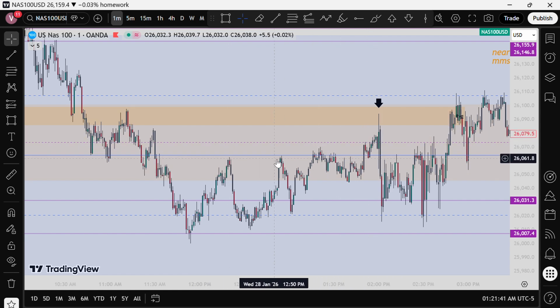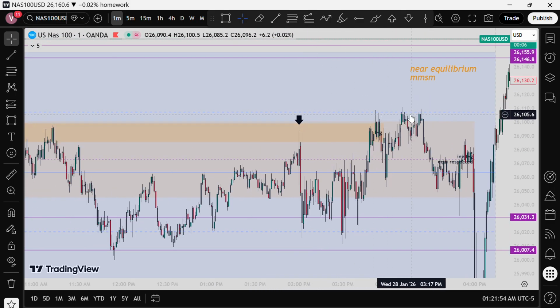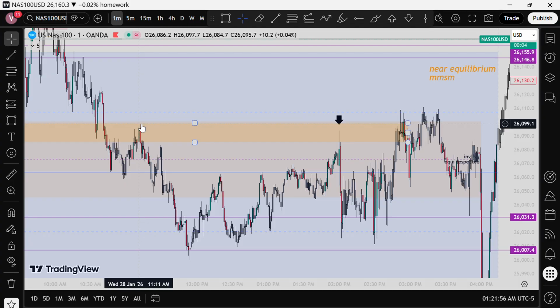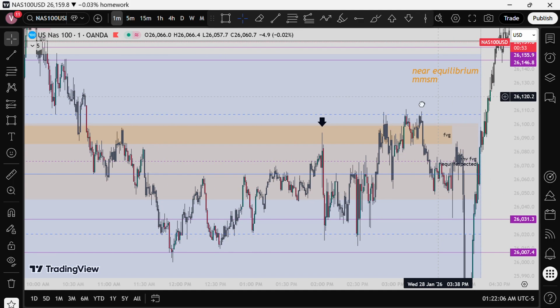This one, this one, this one, and even this one. Immediately at the news too, and also after the news as well. It went up into this fair value gap. It was trading in this inversion fair value gap too.